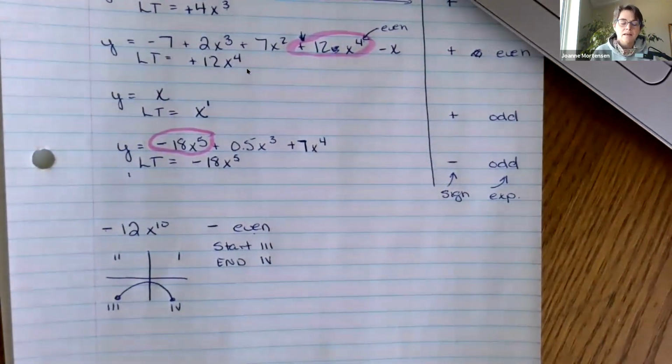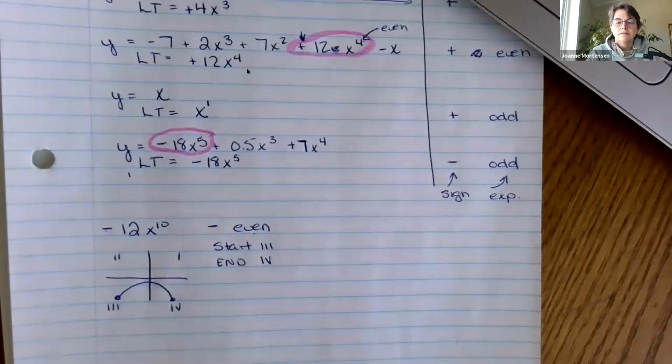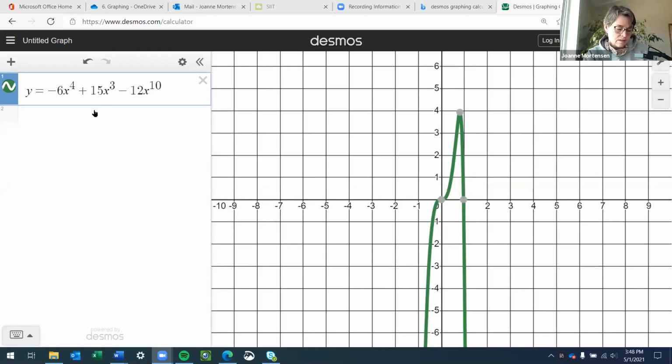So when, oh, here we go again. Stop the share. When we posted this one, this is the same one, okay? And we just predicted on our sheet that it was going to start in 3, and there it is.